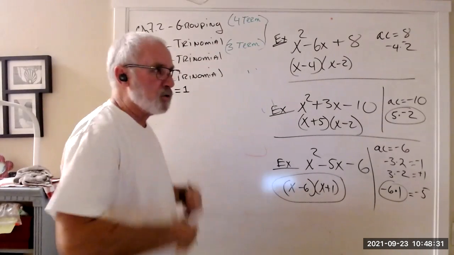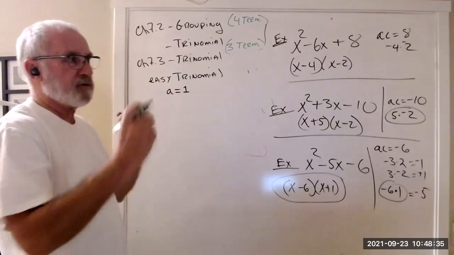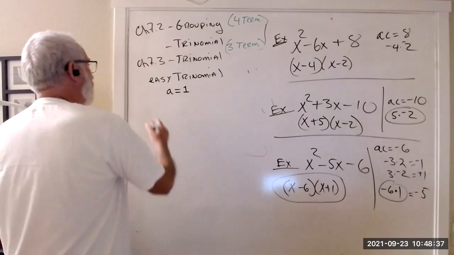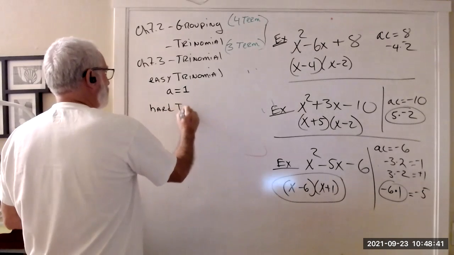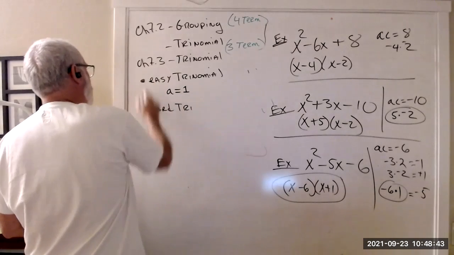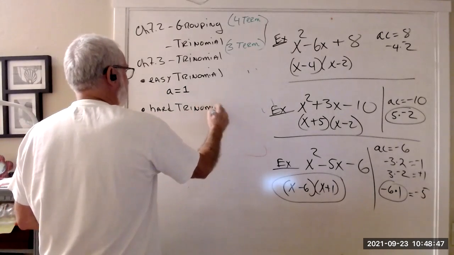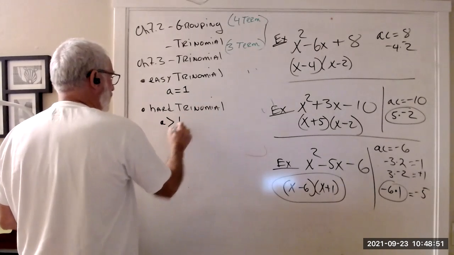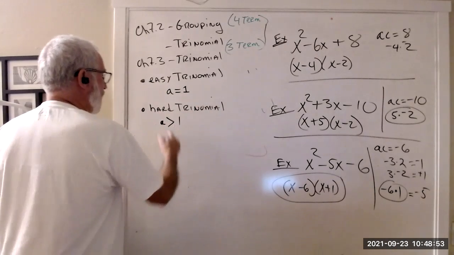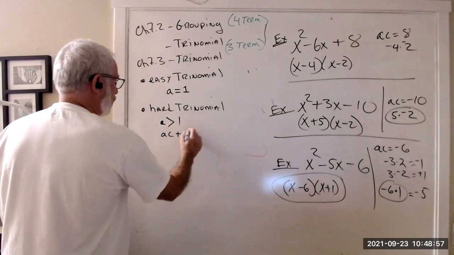Okay, you still use AC, but you don't have to do that grouping. But then I have what I call hard trinomials, and that's where A is greater than 1. And that's where you have to use AC plus grouping.